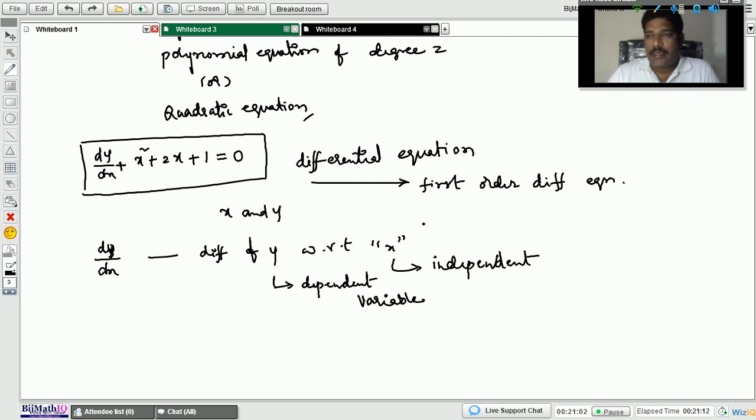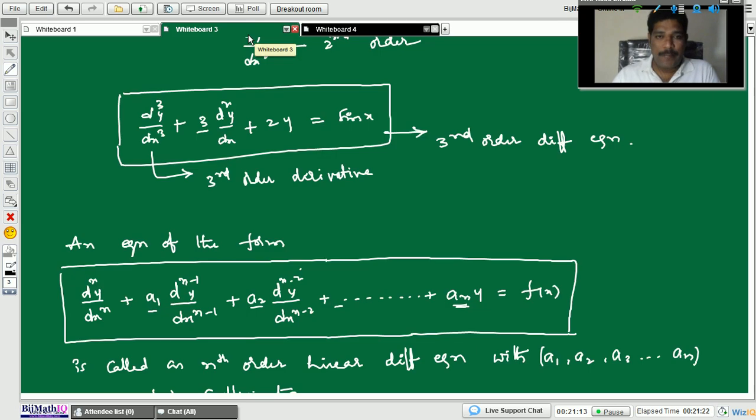Right? Next, to find the solution here, there are some methods. Those methods we are going to solve. Okay, next, go back to the next board. So this is a general nth order linear differential equation. For this nth order linear differential equation, now we are going to find the solution.